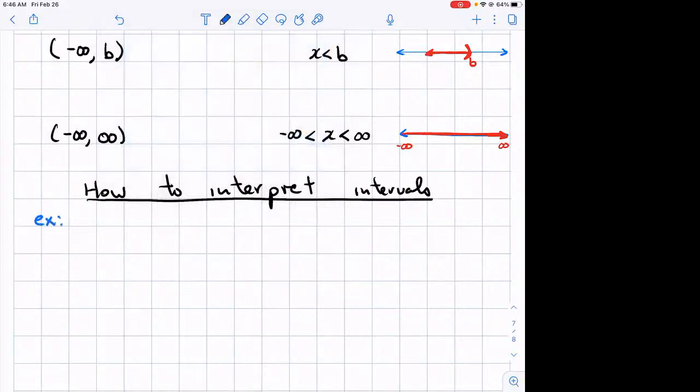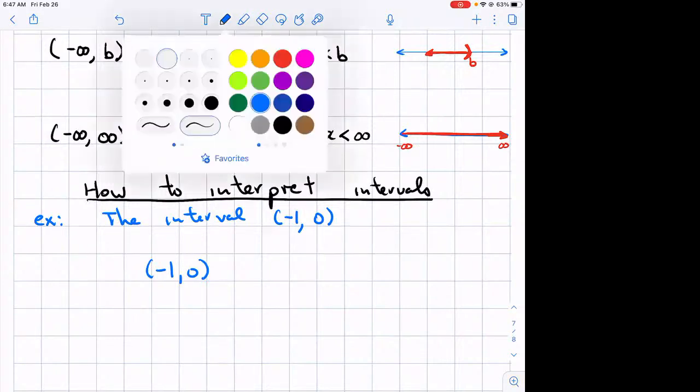What does it mean, the interval parentheses -1, 0? Well, what are we referring to here? The interval -1, 0 consists of all real numbers greater than -1 and less than 0.